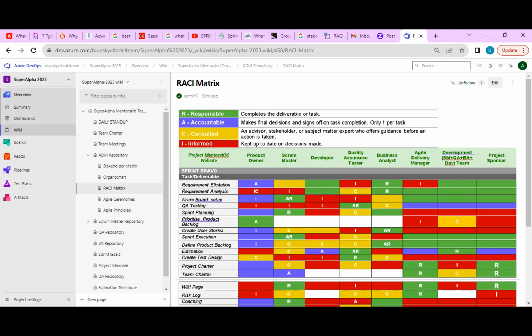What I ask is this: when we talk of governance, governance is what governs the project. Who is who within the project? What are the expectations? For example, in governance, you're going to find, okay, this is the product owner. These are the emails.